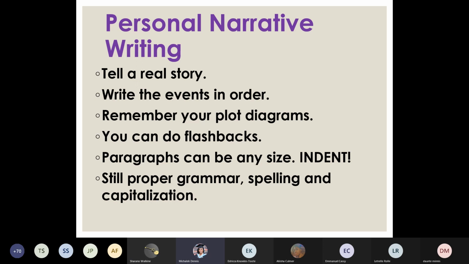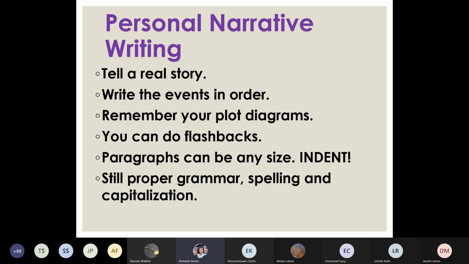So we know the personal narrative tells a real story. You want to make sure that you write the events in order, and always remember your plot diagrams. Can anybody remember for me the various parts of plot? What are the various parts of plot?